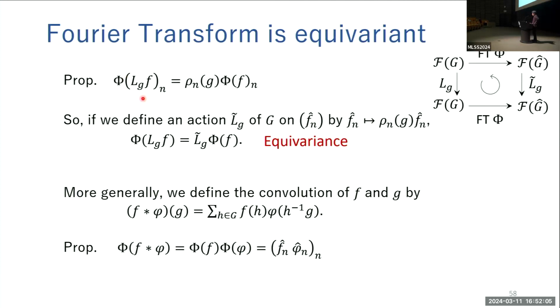And if we apply the Fourier transform after shifting the function, then the result is the multiplication of these scalar values to the Fourier sequence. This is again a very straightforward generalization of the standard Fourier theory. The Fourier transform of the shift is just a scalar multiplication of each value of the Fourier transform.